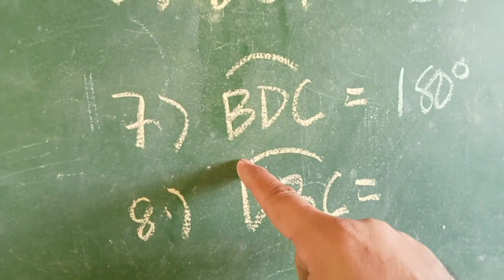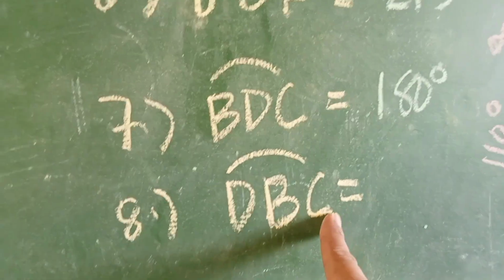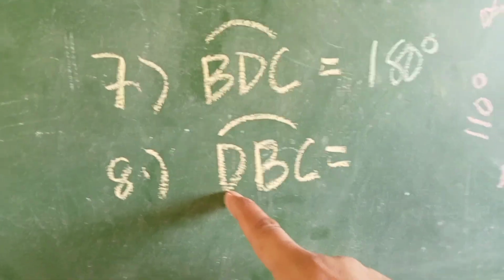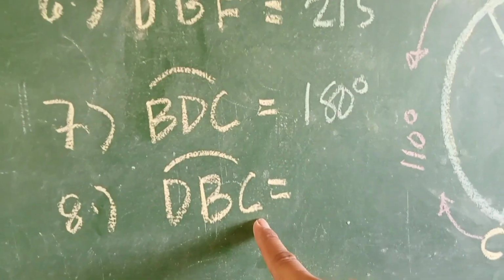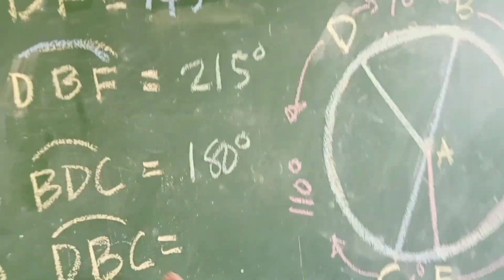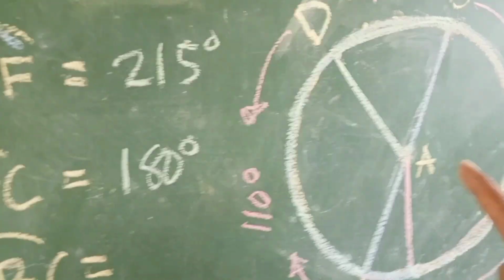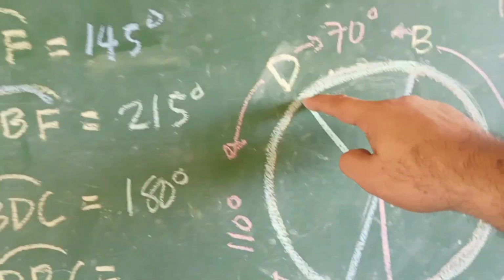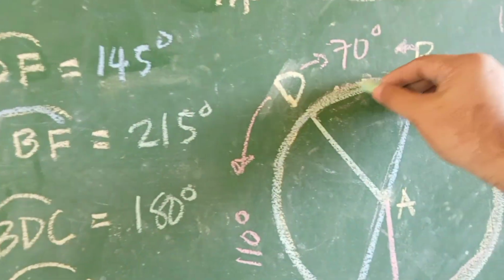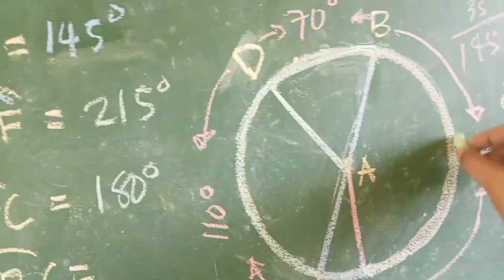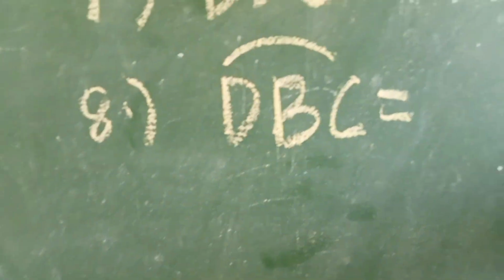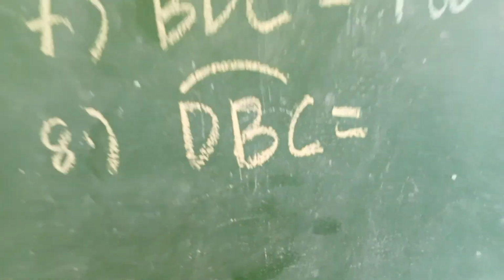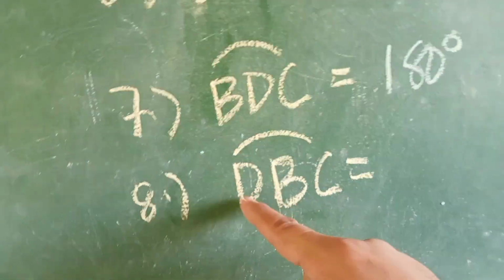The last arc for you to find the measurement of is arc DBC.